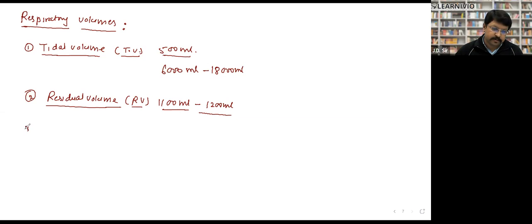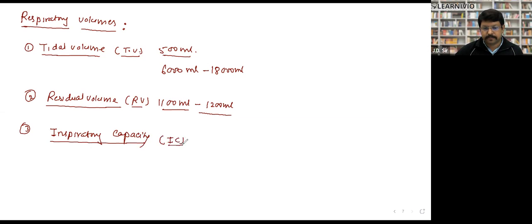Next, third is inspiratory capacity. Inspiratory capacity is called IC. Please note it down.